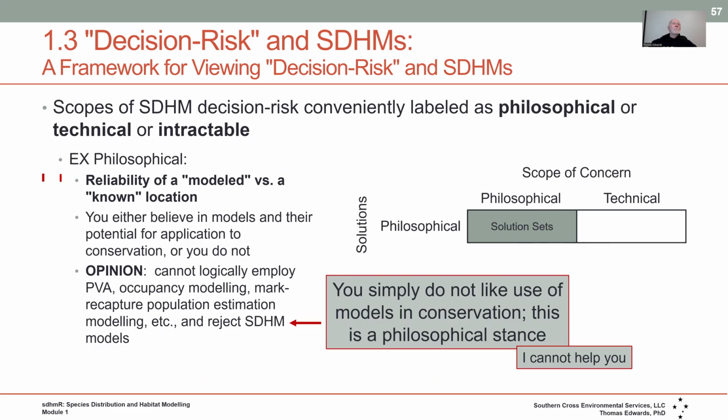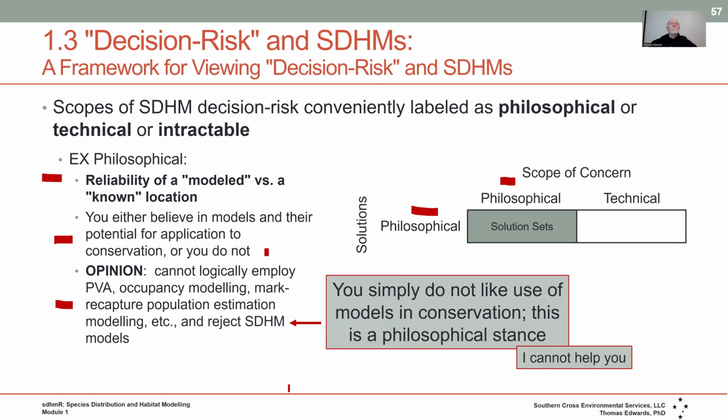So here are some examples of a philosophical kind of way to approach decision risk. The reliability of a modeled versus known location. This is as much a philosophical as anything else. This is not a technical issue. You either believe in models and their potential for application to conservation, or you don't.